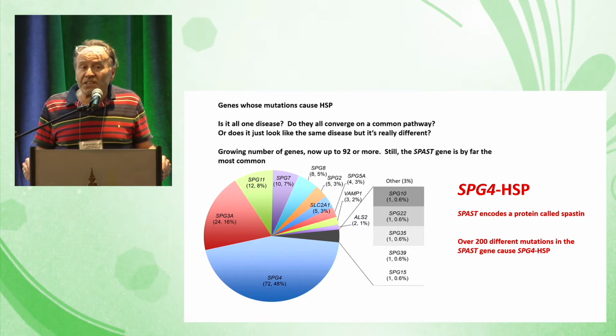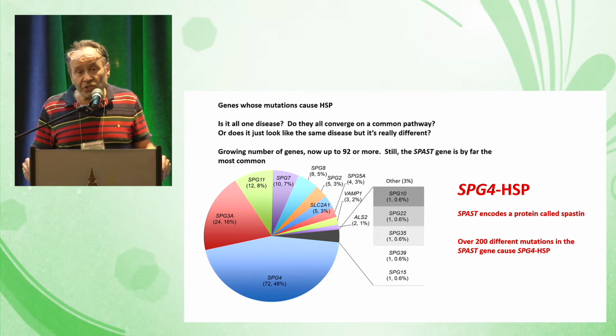When I first started studying hereditary spastic paraplegia around 15 years ago, I think there were 12 genes that had been identified in patients. Now, if I'm not mistaken, I think there's 92. So it's a really growing number of genes whose mutations give rise to these symptoms.